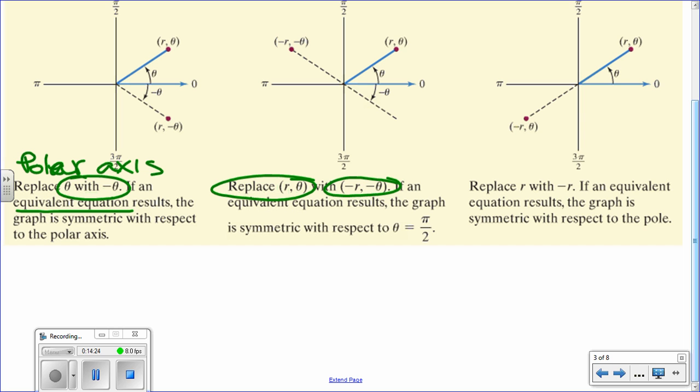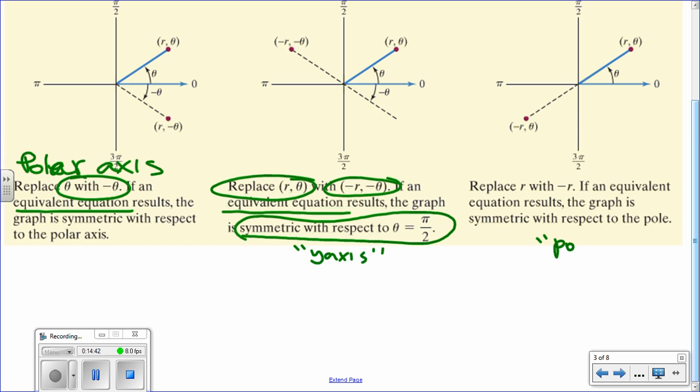Then if we get an equivalent equation, we say it's symmetric with respect to the line pi over 2, like the y-axis, the vertical line. And finally, with respect to the pole or origin, it will be if you replace r with negative r and you get the equivalent equation. And remember, the polar axis symmetry is similar to an x-axis symmetry.